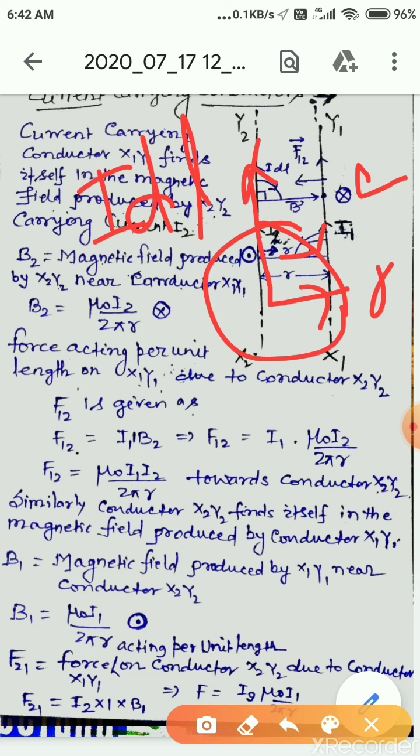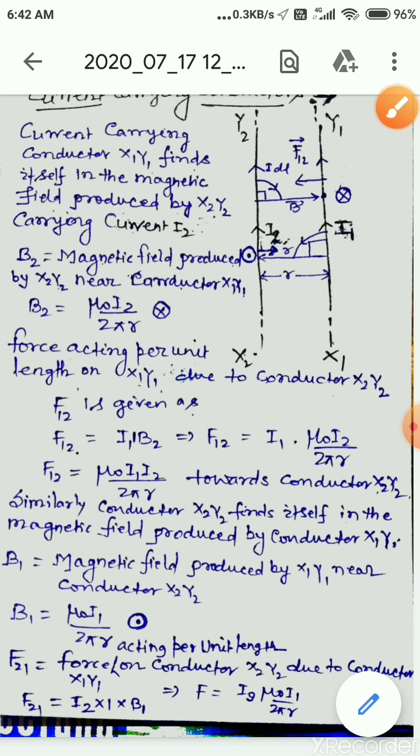It is present in magnetic field B2, so B2. Now F12 is equal to I1, put the value of B2, you will get F12 as mu naught I1 I2 by 2 pi r. And using Fleming's left hand rule, we can find out its direction. It will come as towards conductor X2 Y2.